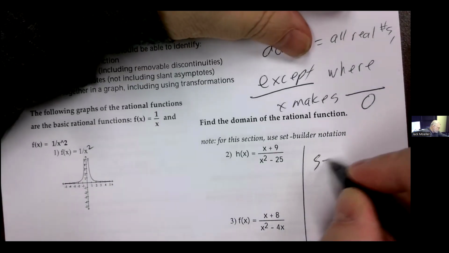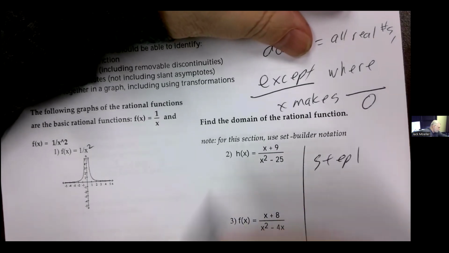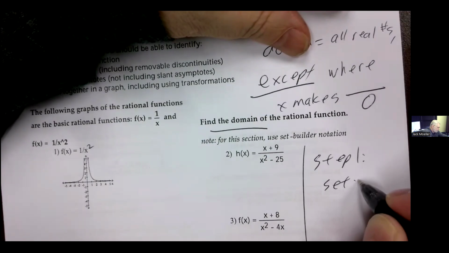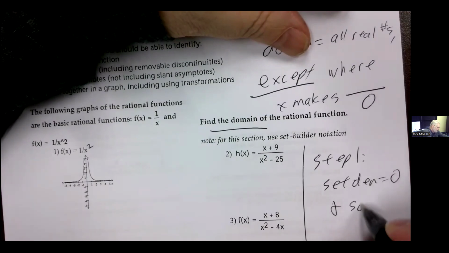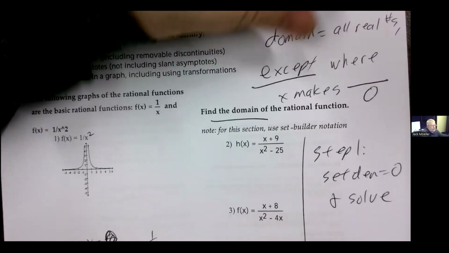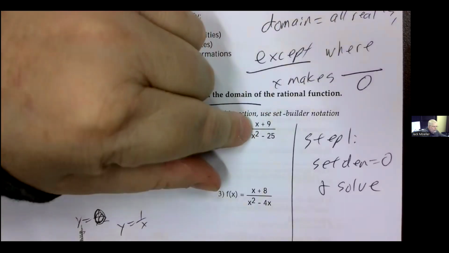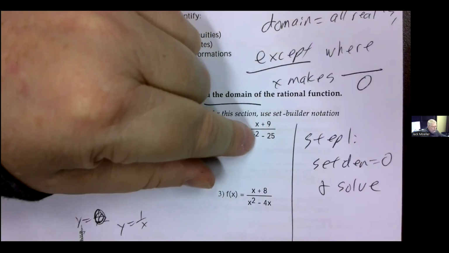So the way we're going to do this, and I'll do this on a separate sheet of paper, is step 1. If you're looking for the domain, set the denominator equal to 0 and solve. So those are what makes us divide by 0. And we don't care about the numerator because we can have 0 on top. 0 divided by a number is 0.